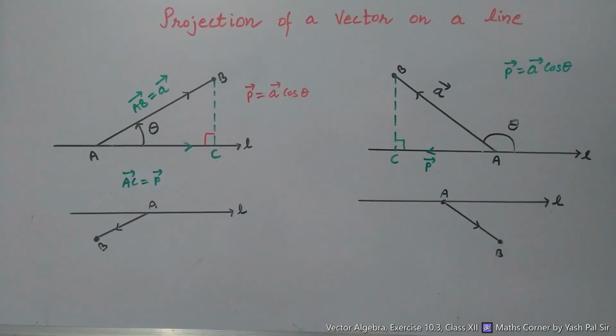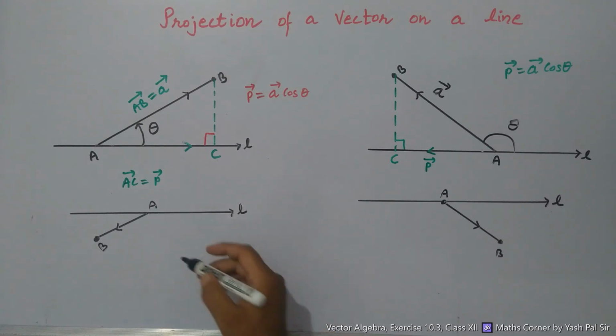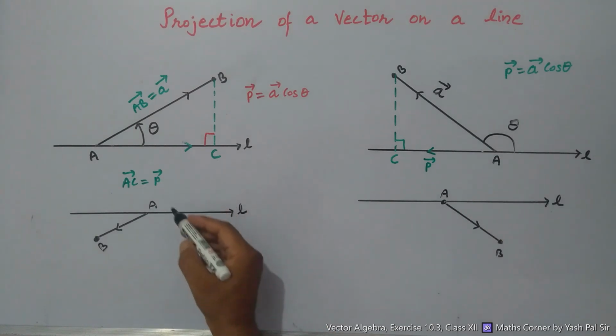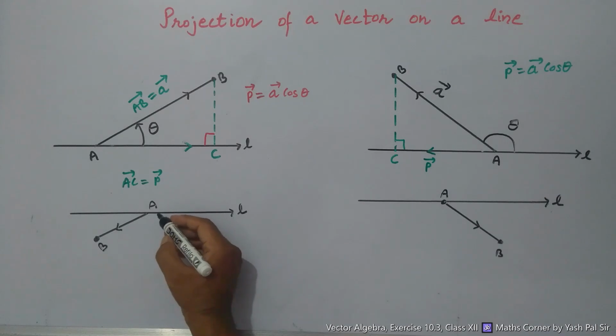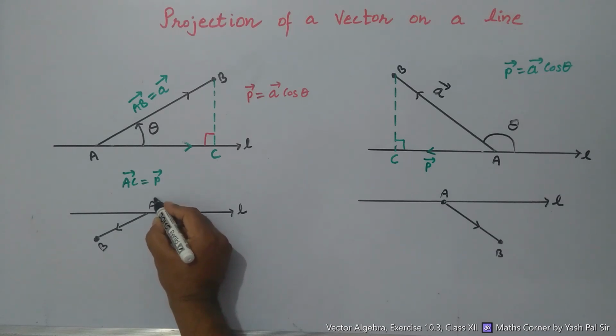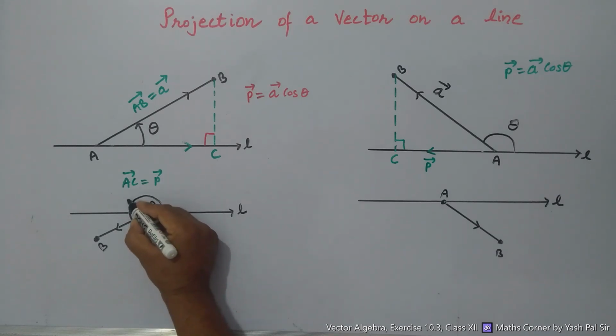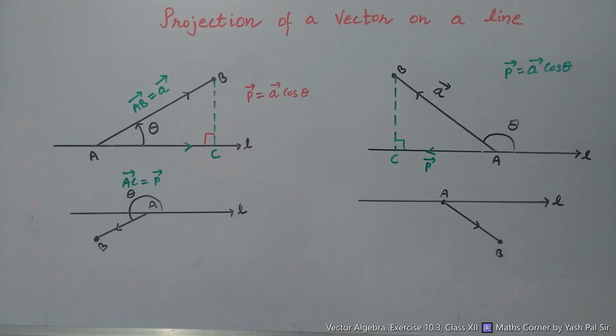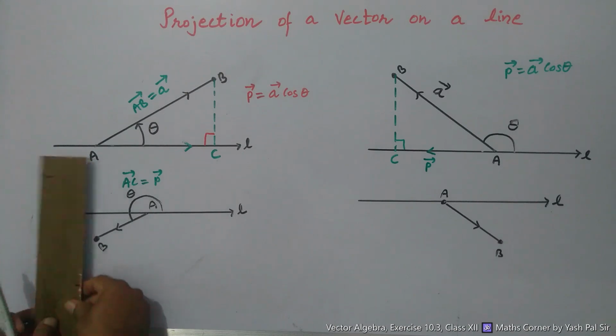In the third case, when angle theta is greater than 180 degree and less than 270 degree, this angle is theta. Now here, how to find the projection?